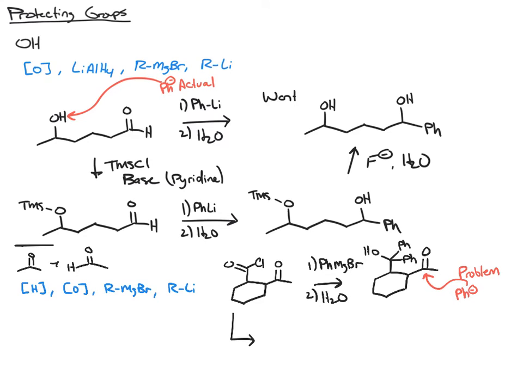So for this, add an acid. I usually use this paratoluenesulfonic acid, but if you just write H+, that's fine. And this diol, you could use 2 or 3 carbons between the 2 alcohols. It doesn't matter. So this will only react with the ketone, it won't touch that acid chloride.